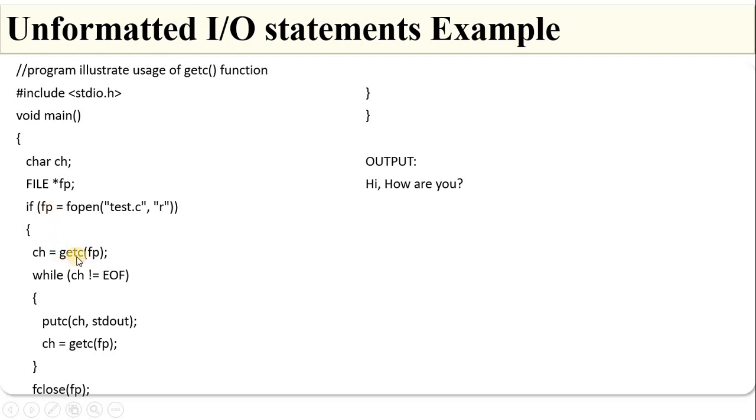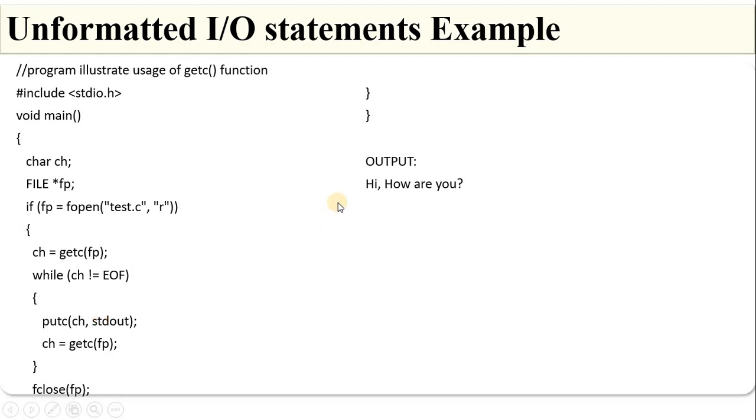You are using the getC function, so you get one character from the fp pointer, take it into the character variable ch, and compare it with the end of file. If the character is not end of file, it will get inside and put the character onto the standard output, that is your console.